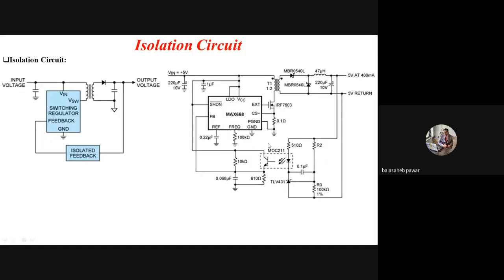You can just note it, and you can check its datasheet also. So see that optocoupler, its LED. Optocoupler is nothing but what? The signal gets coupled optically. Okay, so there is one LED and another one is the phototransistor.